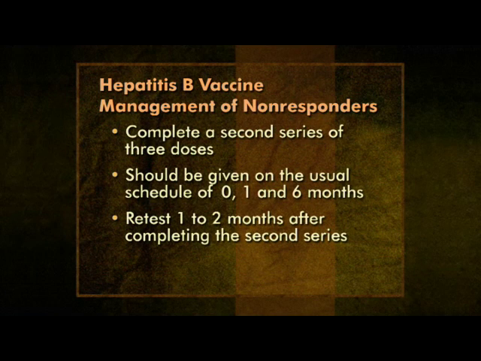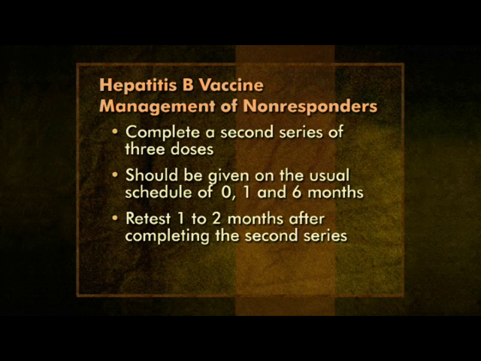Post-vaccination serologic testing will occasionally reveal someone who failed to respond to a series of 3 doses that were properly administered. Persons who do not respond to the first series of 3 doses should complete a second series of 3 doses or be evaluated to determine if they are already chronically infected.